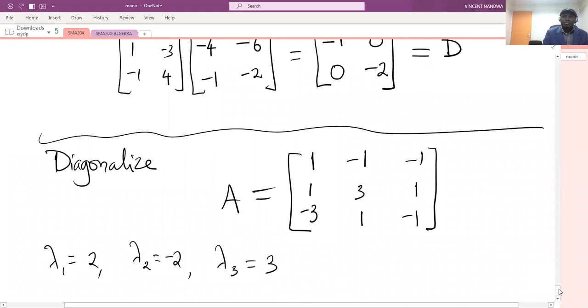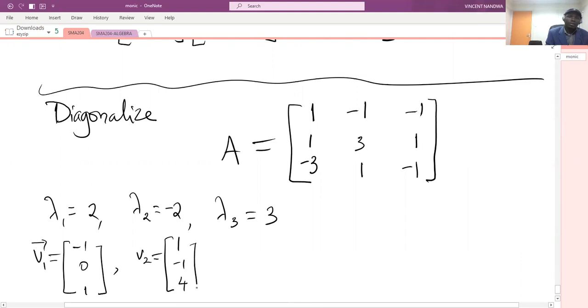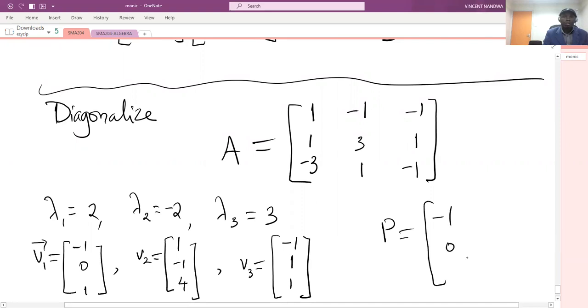The corresponding eigenvectors: V1 will be minus 1, 0, 1. V2 will be 1, minus 1, 4. And V3 will be minus 1, 1, 1. So your P will be given by minus 1, 0, 1, 1, minus 1, 4, and then minus 1, 1, 1.